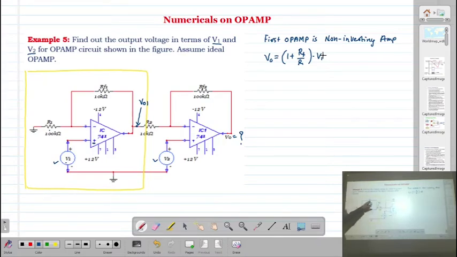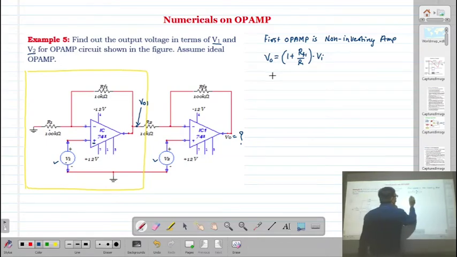In your case, Rf1 is given, so you write Rf1, and this voltage will be 1 plus Rf1, which is 10 kilo ohm, and R1 is 100 kilo ohm.